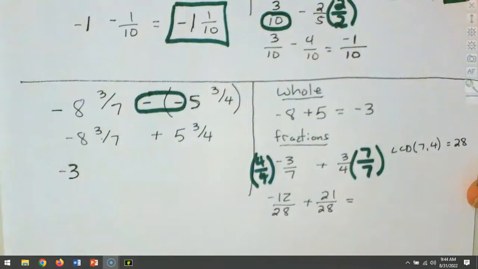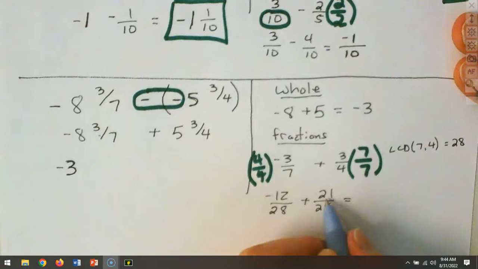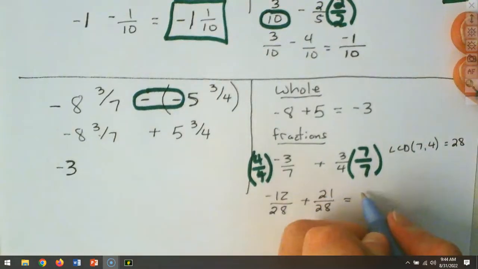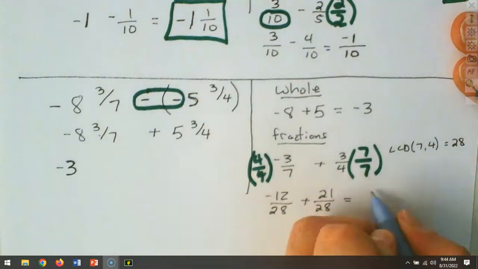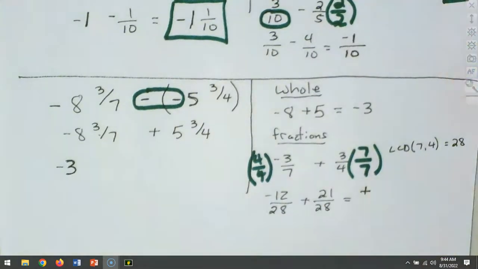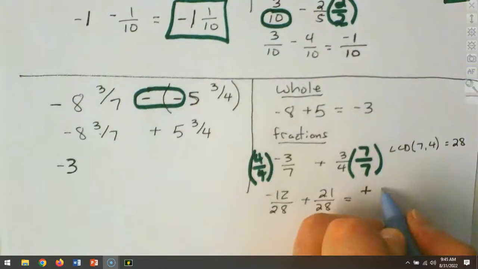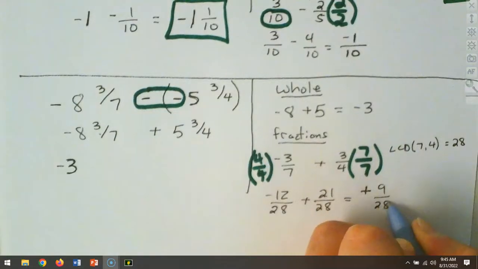Adding those together, they're different signs, right? So they subtract from each other. Which one is larger? 21, it's positive, so my answer is going to be positive. And now we just subtract them. 21 minus 12 should be a 9. So my answer is going to be now 9/28.